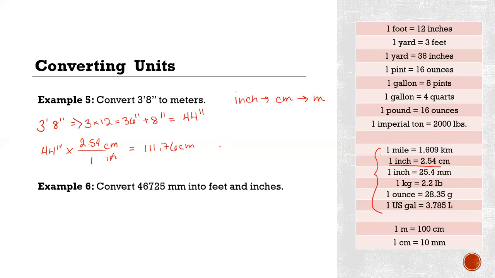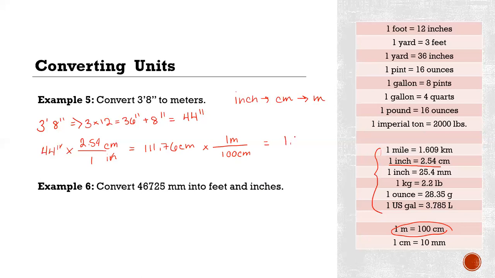Now we need to go to meters. Well, to go from centimeters to meters, we're looking down here. There's 100 centimeters in a meter. You can either just move the decimal or think of it like a unity fraction. So 1 meter is 100 centimeters. It's a division. You're dividing by 100, so our decimal will move 2 places to the left.